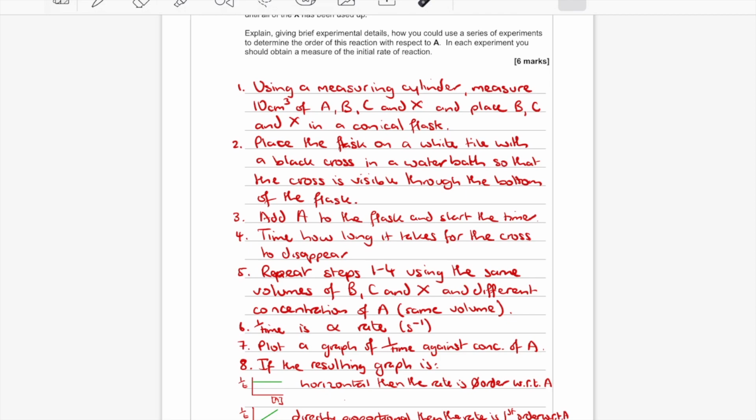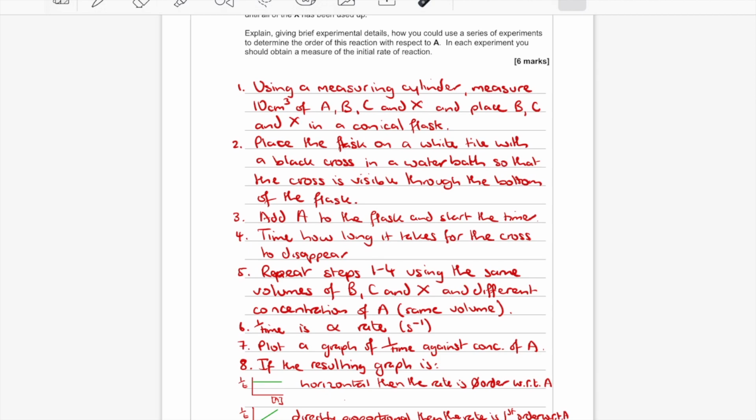In the mark scheme, however, there was a second method, and they clearly allowed it because it's in the mark scheme, and it could have got you 6 marks, although it wasn't an initial rates method. So I'm going to very briefly talk about it, but in a sense you can just freeze the video and read it.